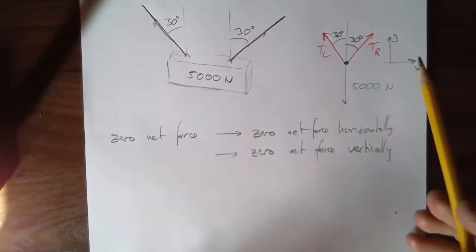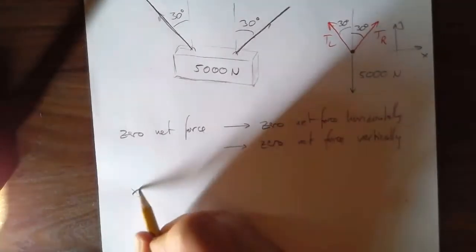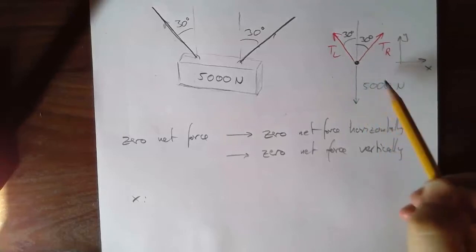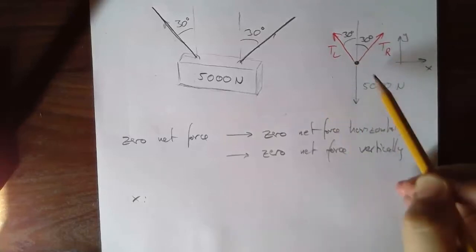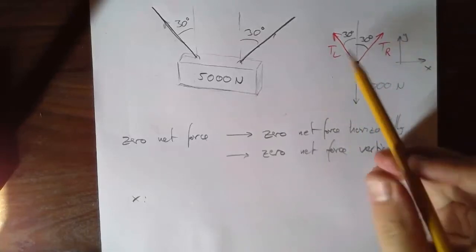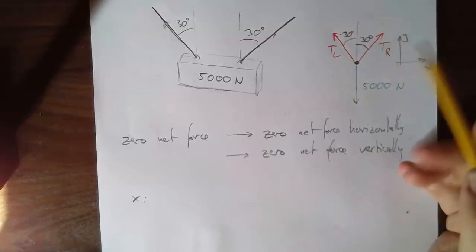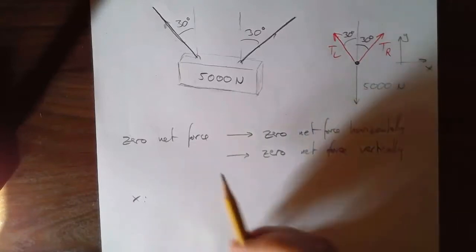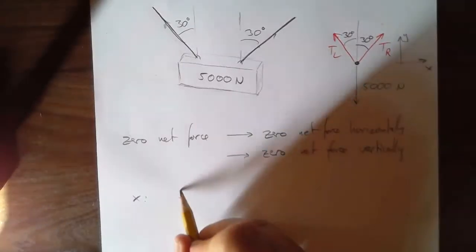So what forces do we have acting in the X direction? Well, the weight doesn't do anything because the weight acts straight down. It doesn't pull left or right, so it doesn't feature. But this one pulls to the left, this one pulls to the right, but of course we have to take components, right? Now we know how to do this.